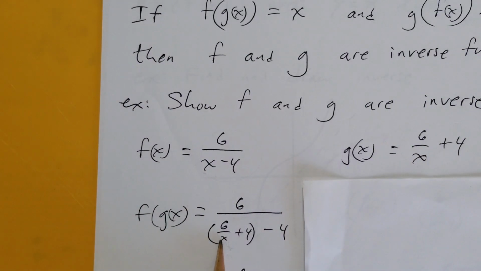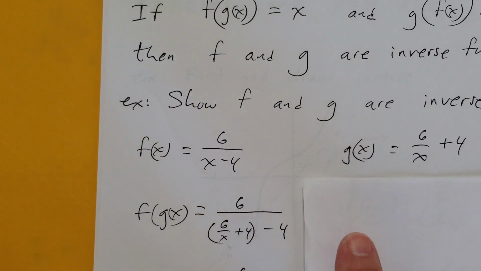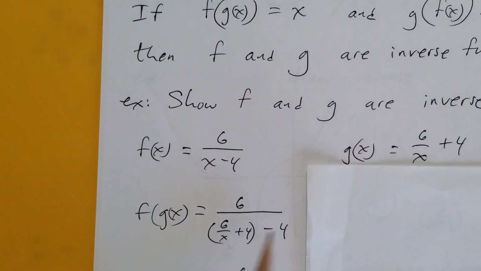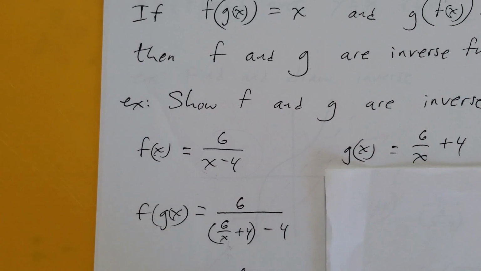Now, if we simplify, look what happens. The plus 4 minus 4 cancel, and we're left with 6 over x. How do you divide by a fraction? You take it to the top and you flip it over. So you get 6.